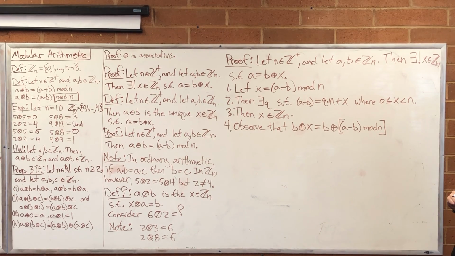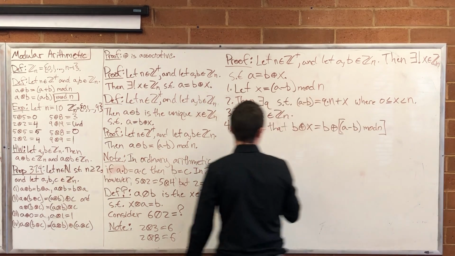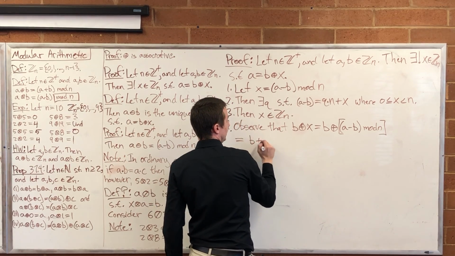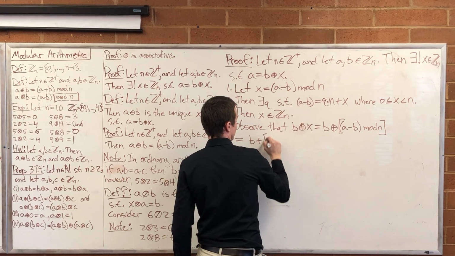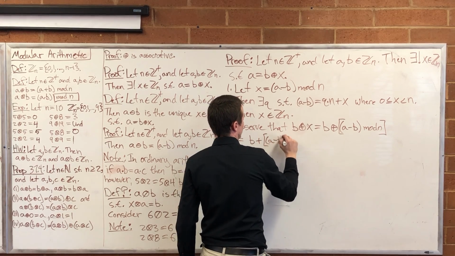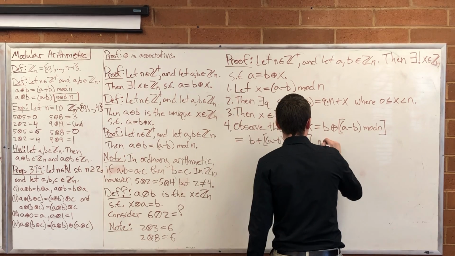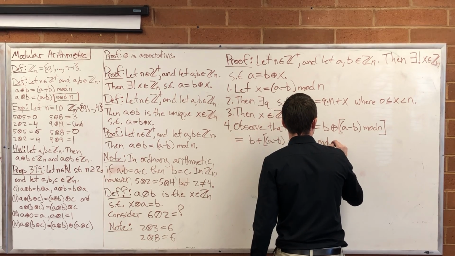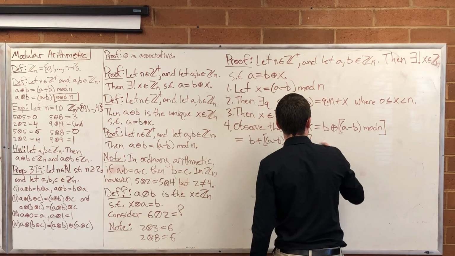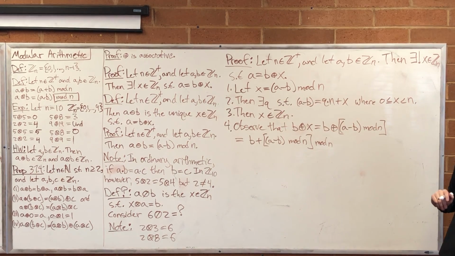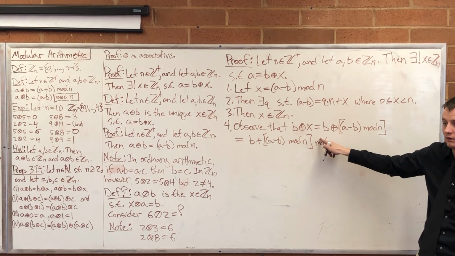Right? Which is equal to, using our definition of addition, b plus a minus b mod n. Just using our definition directly, right?